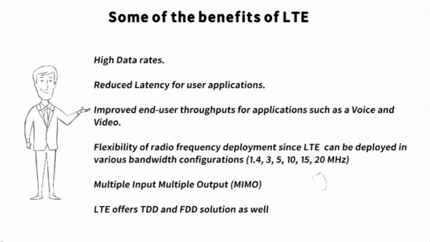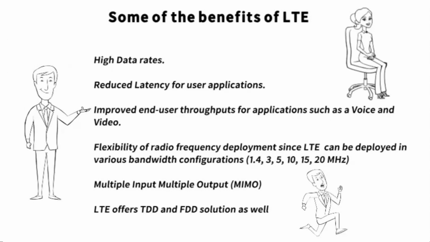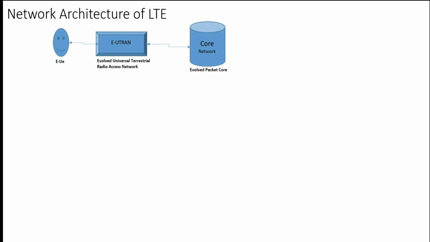Now let's see what the LTE architecture looks like. The LTE architecture is mainly comprised of two parts. One is the evolved UTRAN, called EUTRAN, and the other is the core network area, also called EPC, that is the evolved packet core.